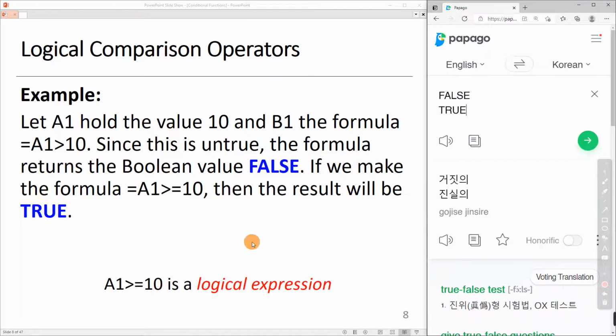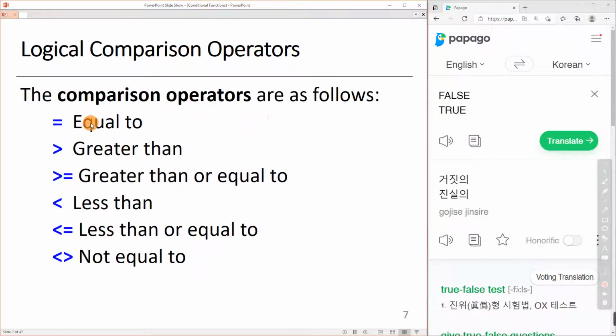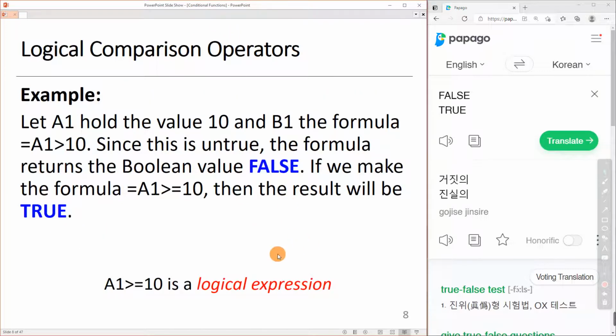So, dear students, if you write something like shown here, A1 is greater than 10, or you can use any other logical operator shown here, then you can call this a logical expression. Okay, this is a logical expression.